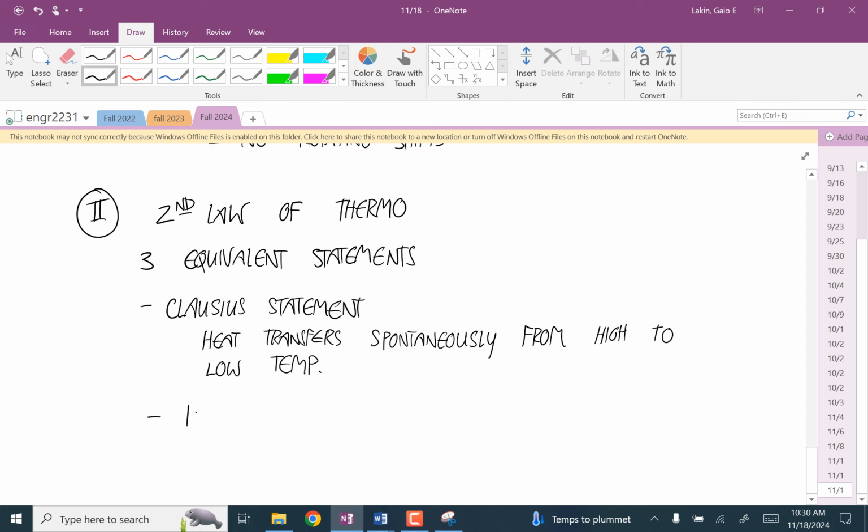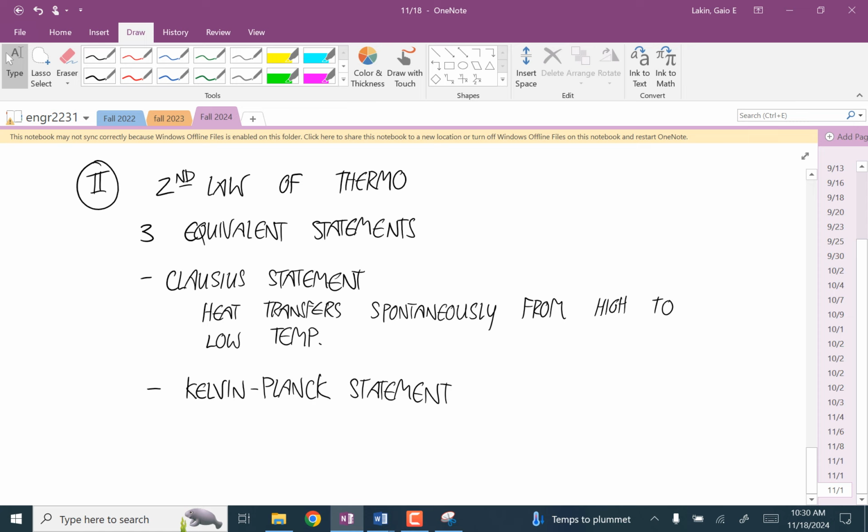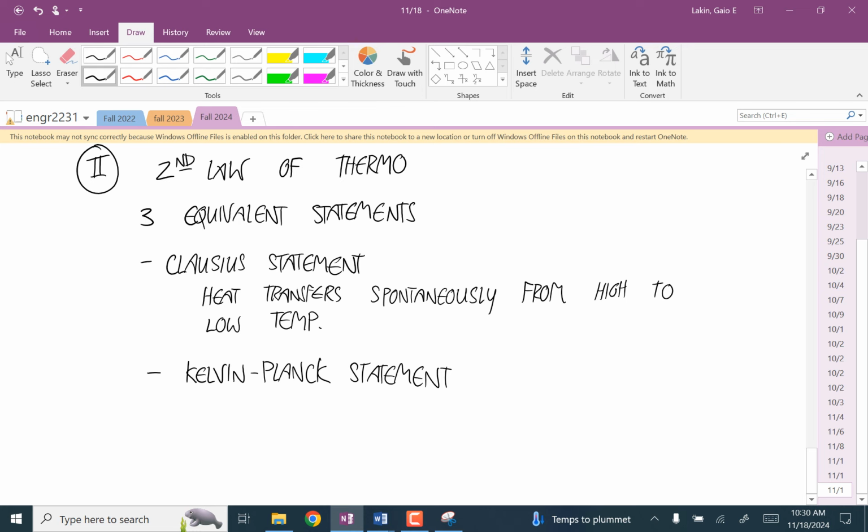Second is the Kelvin-Planck statement. And that's the one, well, this one does have some mathematical uses. This is where we introduced the power, refrigeration, and heat pump cycles.